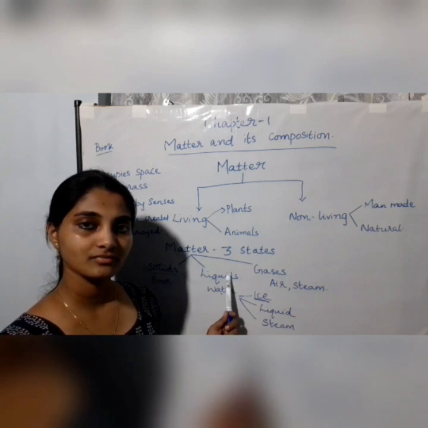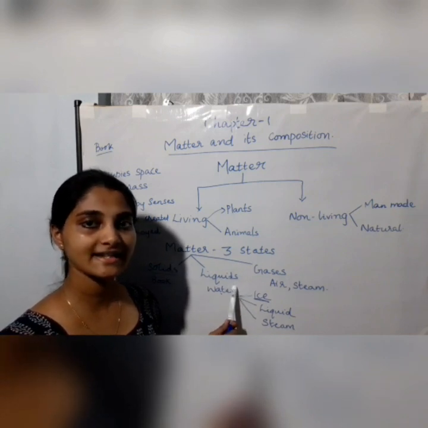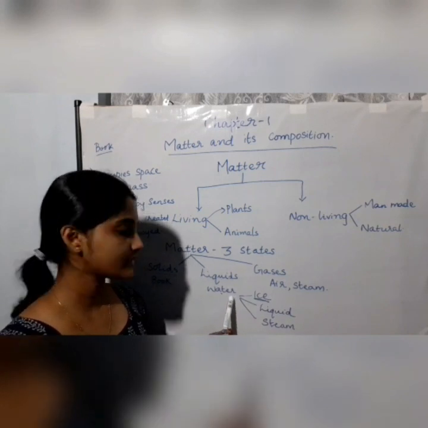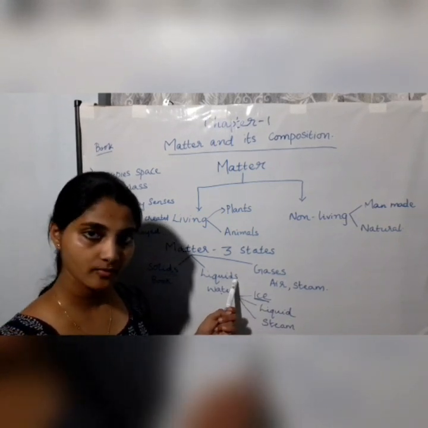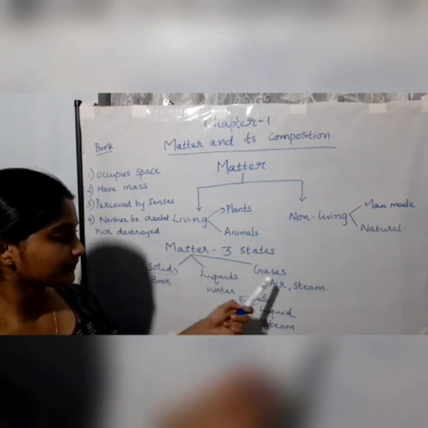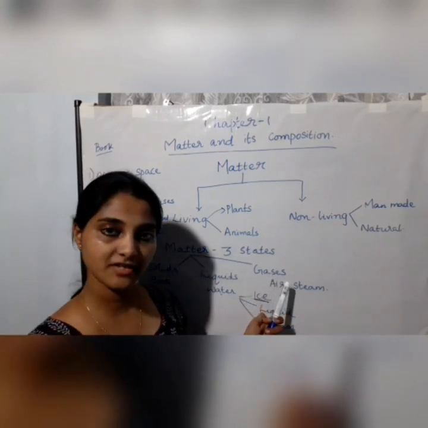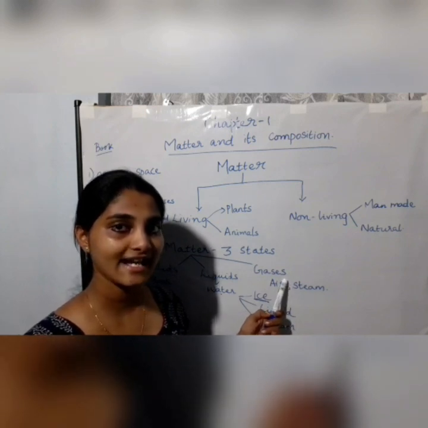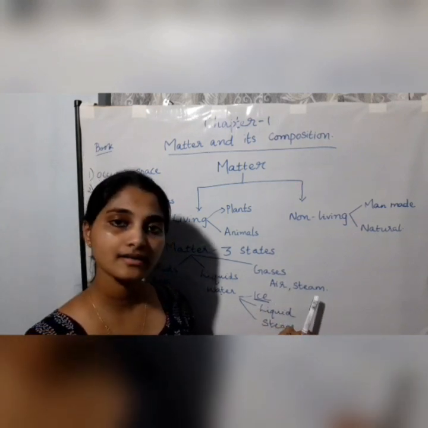When I say liquid, the first thing that comes to everyone's mind is water. Yes, water is a form of liquid and it is another state of matter. Then the third state of matter is gases. When I say gas, it is air or steam.